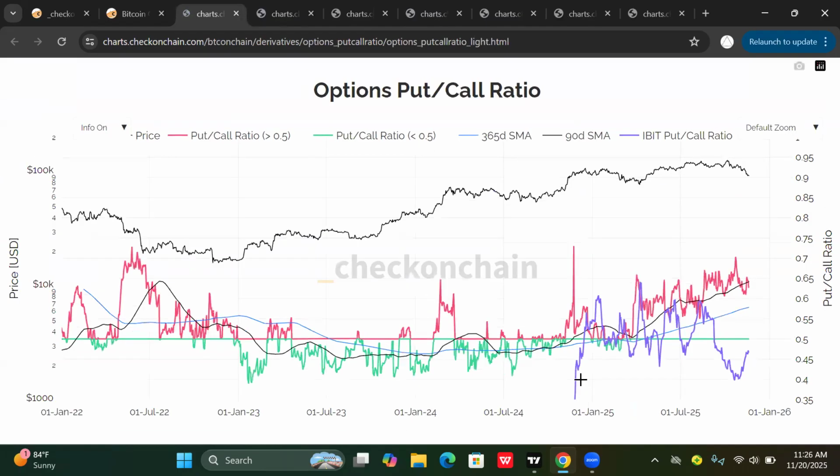Let's look at the put to call ratio, something I really like to look at when I'm trading.